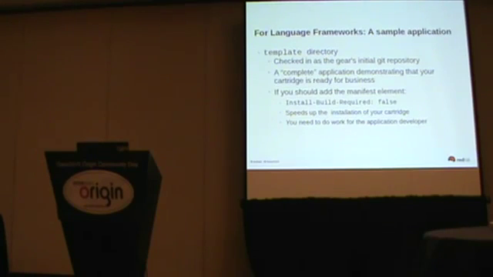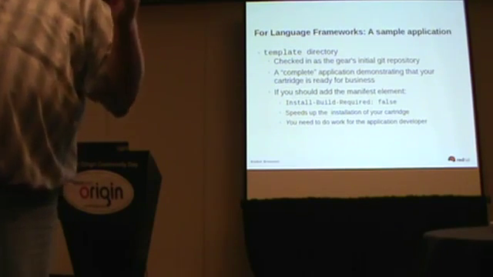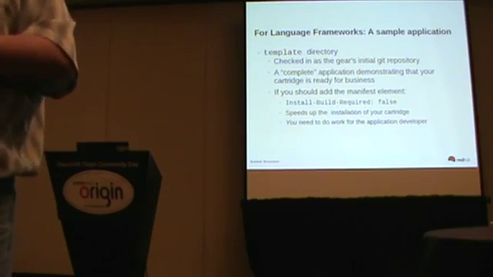When that cartridge gets added into that gear, this template directory, and I'm literally saying the word template, that's what we called it, is where your sample app for your potentially web framework lives. So that when the user then gets a URL, when they do their domain show, they can immediately connect and see that it worked.